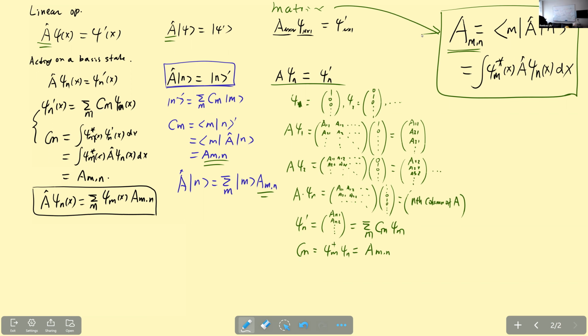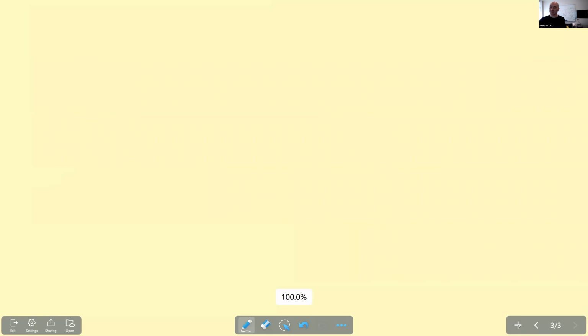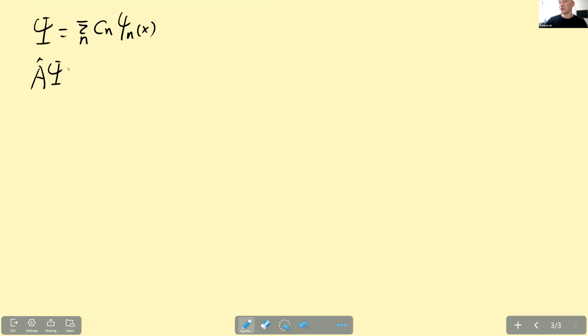Okay. And then you can say that for any state, for example, if you have a state percent equals to summation of M Cm percent Mx. Okay. And now let's look at what's the transition of this one. So the transformation of this state will just equal to summation of M Cm A acting on percent Mx, right? Remember, this is a linear operator, so you can do this way.